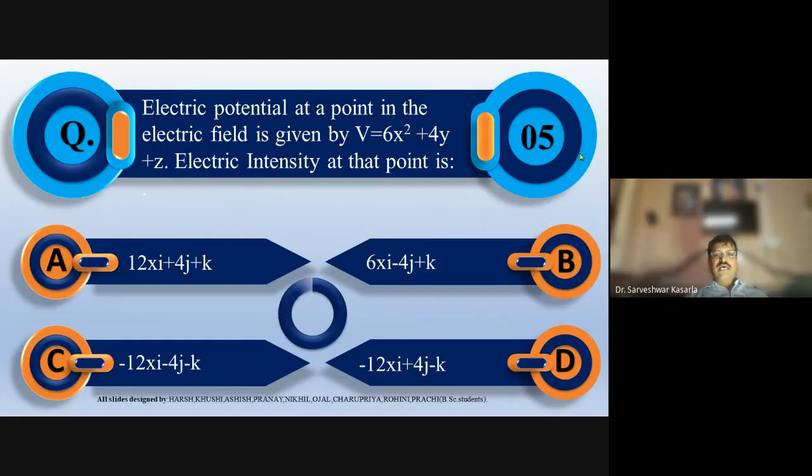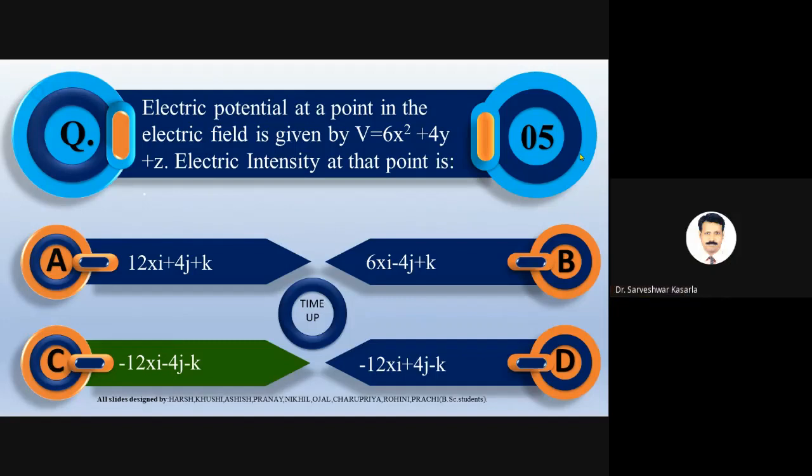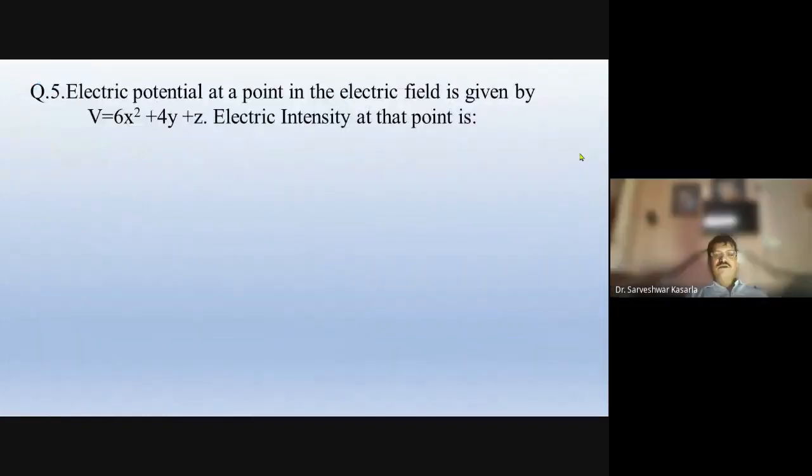Your time is up. The answer is minus 12x i minus 4j minus k. Here the concept is that electric intensity is given as 1 upon 4 pi epsilon 0 q upon r square. V is the potential.